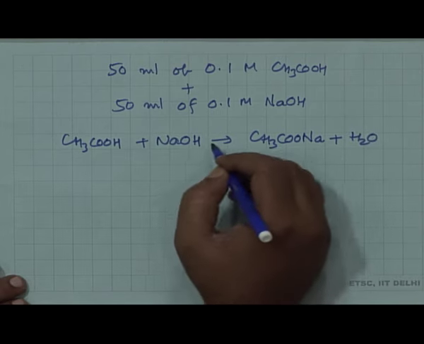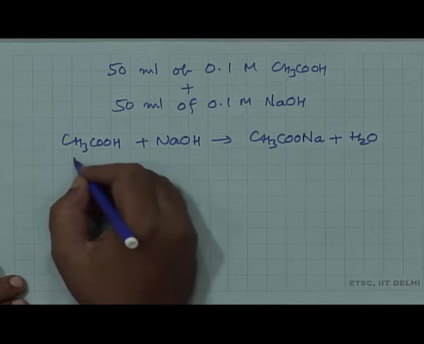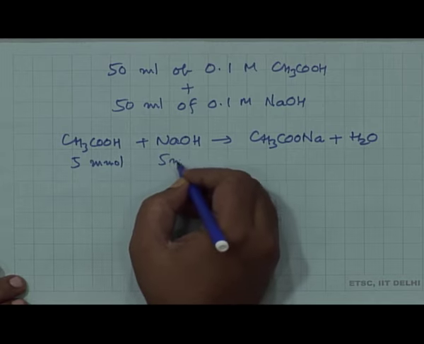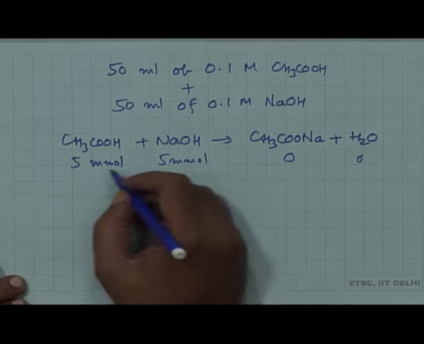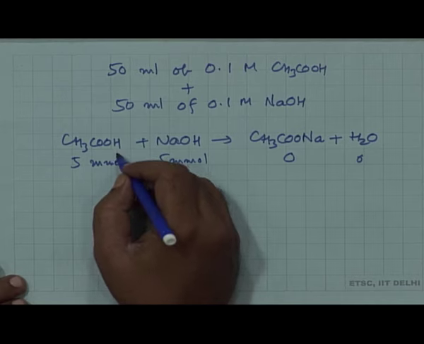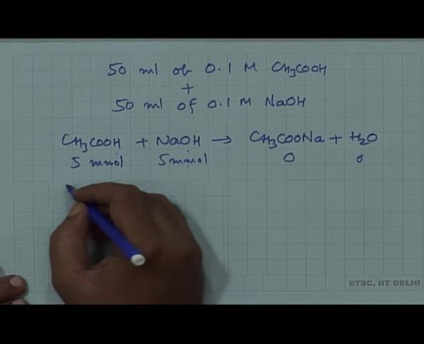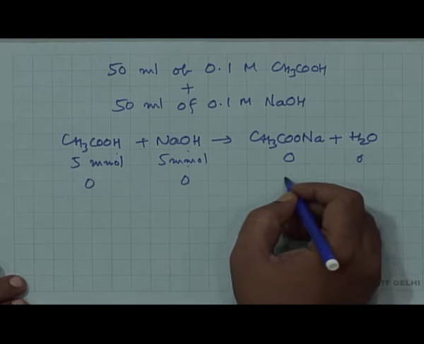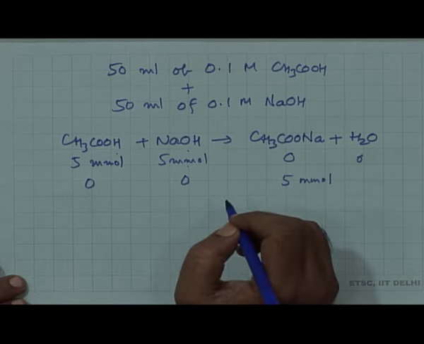So, this is a simple acid base reaction, acid plus base gives you salt plus water. You started with 5 millimole of acetic acid, you started with 5 millimole of NaOH and 0, 0. So, when reaction happens, all acetic acid and NaOH will go to sodium salt. So, what is left is 0 mole of this, 0 mole of this and 5 millimole of sodium acetate.